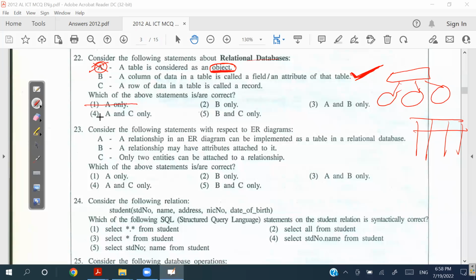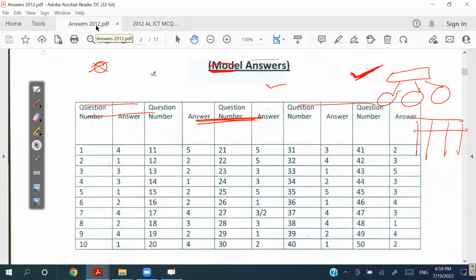That means 1 is cancelled, the fourth one is cancelled, the third one is also cancelled. B must be in your answer. And C says a row of data in a table is called a record. Yeah, that is correct as well. So the fifth one is going to be the answer, B and C. Let's check the answer, 20 seconds. Yeah, fifth one.